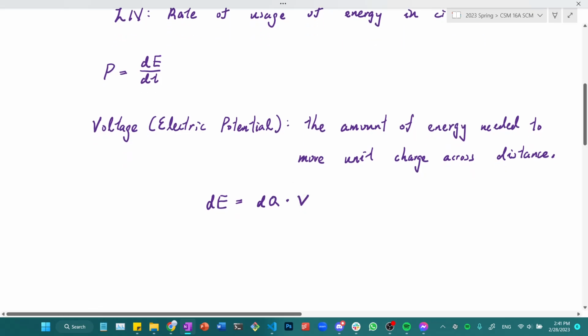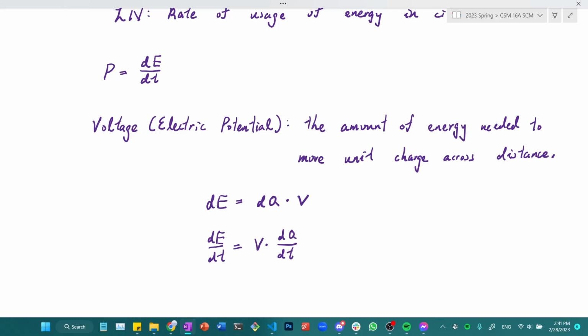To get power as dE/dt, we can take the derivative of both sides of this equation with respect to time. I see that there's another dE/dt here, which is equal to the power, and P is equal to V times dq/dt.